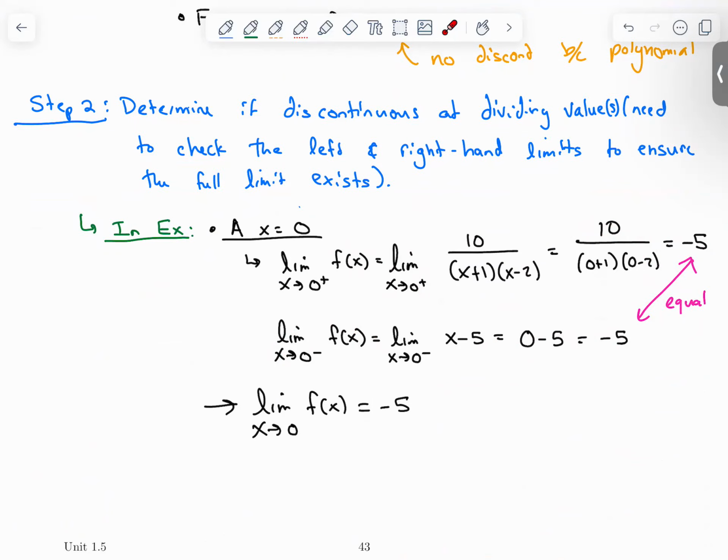Now, I told you guys that this was not enough. Why is that not enough? This is continuity. We're trying to show continuity, not just that the limit exists. So we also need to check that f of 0 is equal to -5.